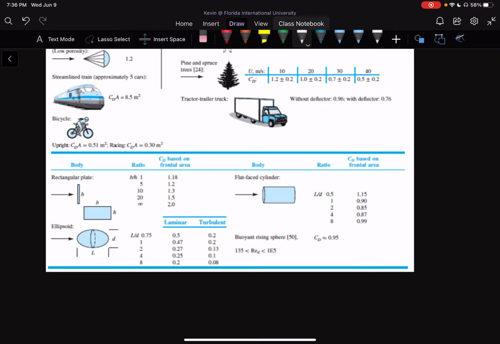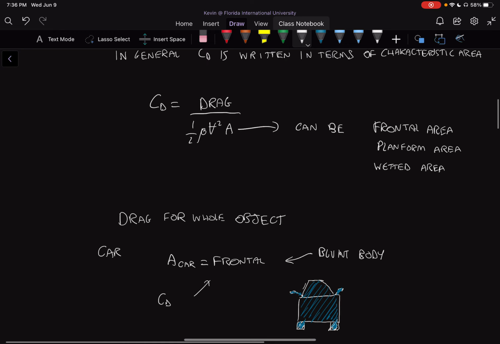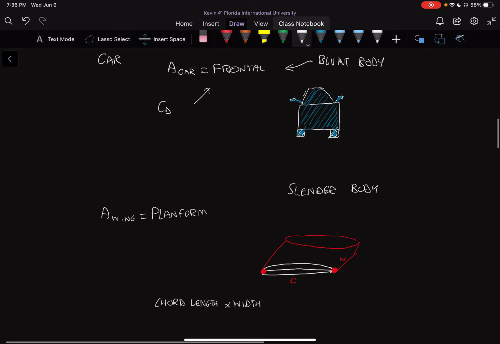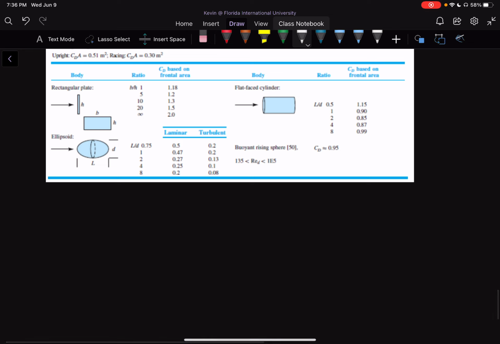Now we've talked about drag, and we know that if we go back to our drag equation, CD is equal to drag over half rho V squared times A. Now for lifting bodies, we're also interested in finding an equation for lift. And we're going to have the same relation between CL and lift as CD and drag.